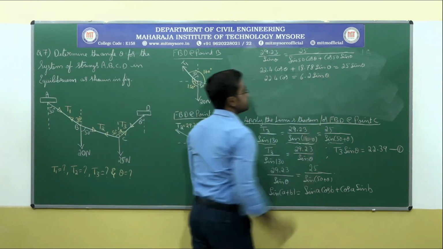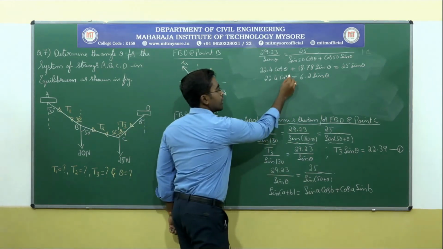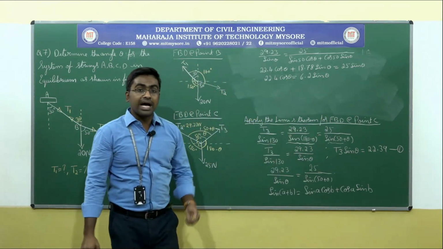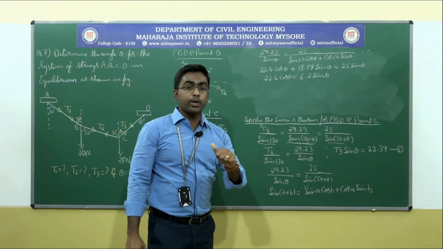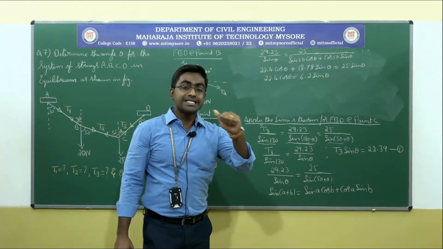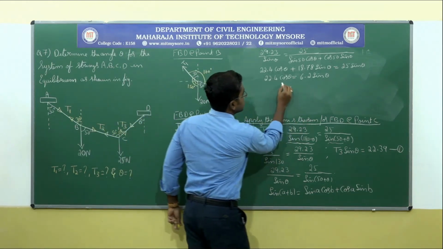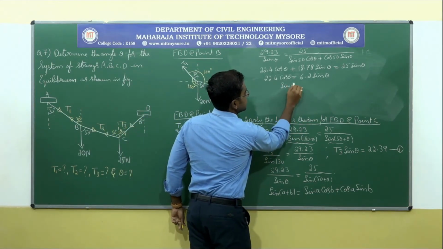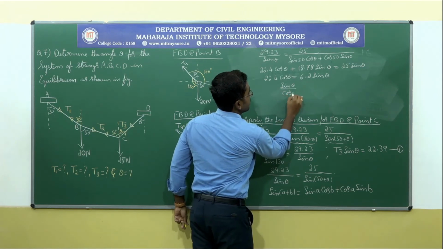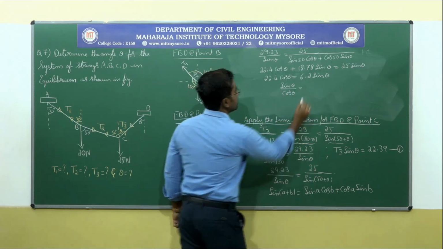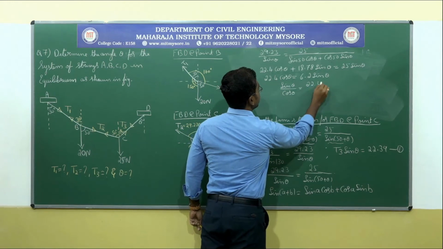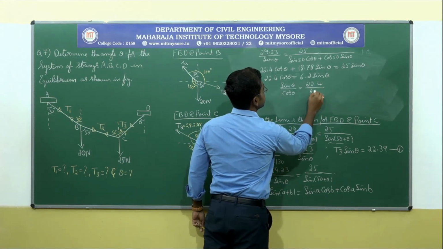So in order to find the theta value, I have to frame the equation in such a way that it should be sin by cos, right? So let me frame the equation like that, that is sin theta divided by cos theta will be equal to 22.4 divided by 6.2.